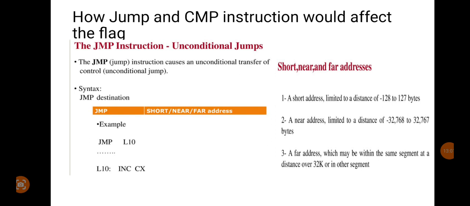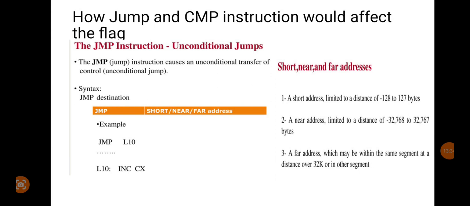Here two instructions are given, the jump instruction and the compare instruction, which would affect the flags. Jump instruction here means the unconditional jump. The address can be defined as short, near and far. Short address range means limited distance, which transfers the program control to the next location.